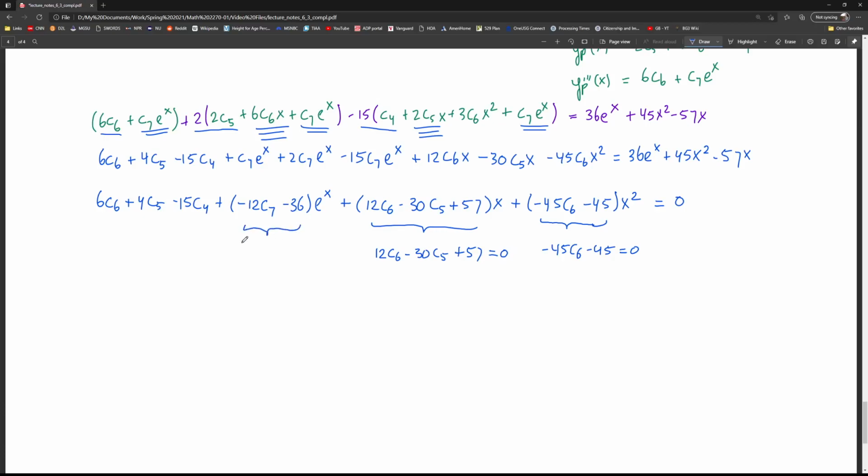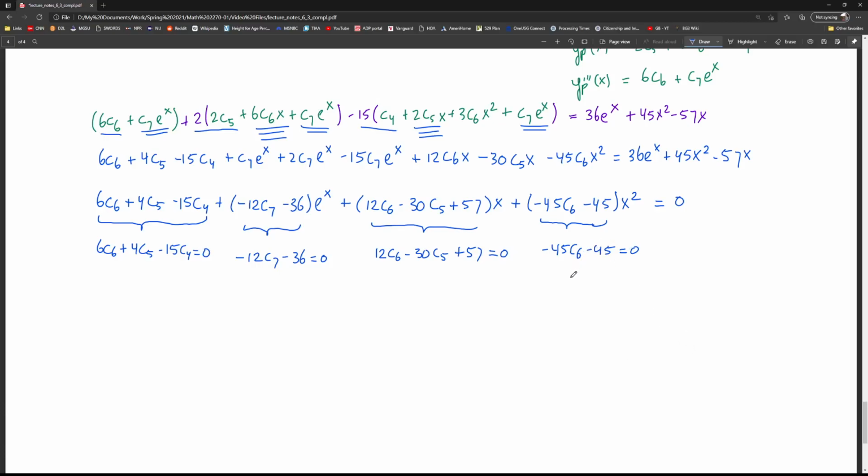And then we have negative 12c7 minus 36 equals 0. And then finally, these coefficients all have to add up to 0. So 6c6 plus 4c5 minus 15c4 equals 0.